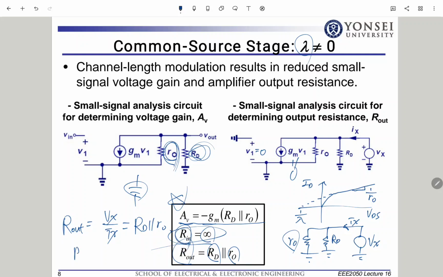In reality it is 1 over omega C, in the range of mega ohms. But compared to R pi, which was in the kilo ohm range, this value is at least 3 orders of magnitude higher. Still very high.